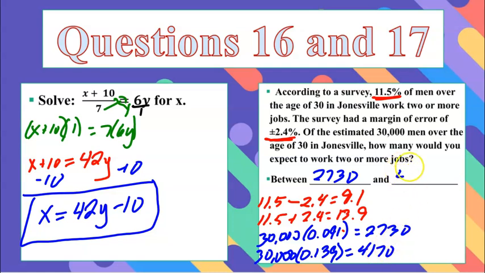So on the high side, you could have 4,170 men who have 2 or more jobs. So that is a quick review on writing and solving not only regular equations, but absolute value equations.